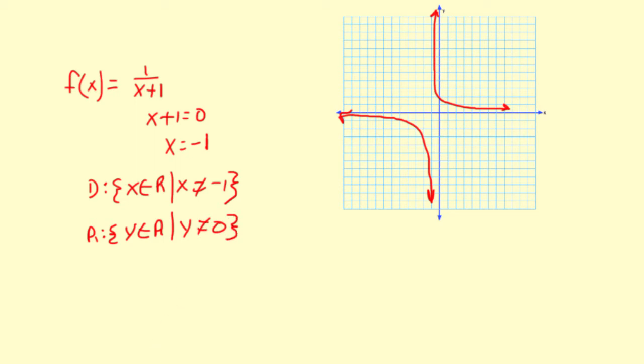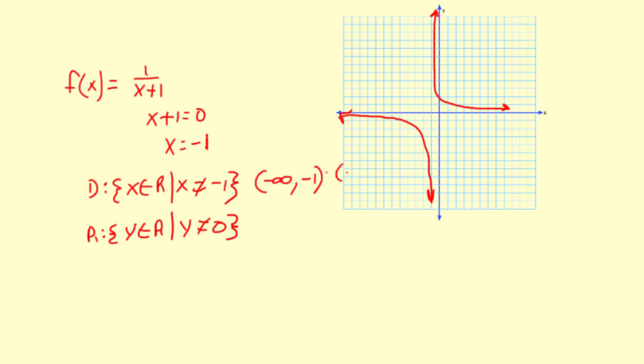Okay, so that's set builder notation. What about interval notation? Well, for the domain, start there, comes from the left, minus infinity, because it goes forever in the negative direction. And then it approaches -1, but never hits it. So -1 is the upper bound, but it's open because you're not including the -1. There's another set for the domain, all the values for x to the right of the asymptote.